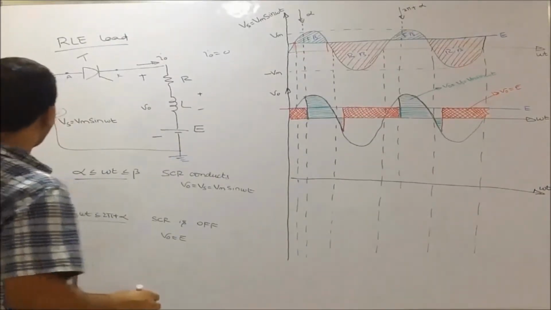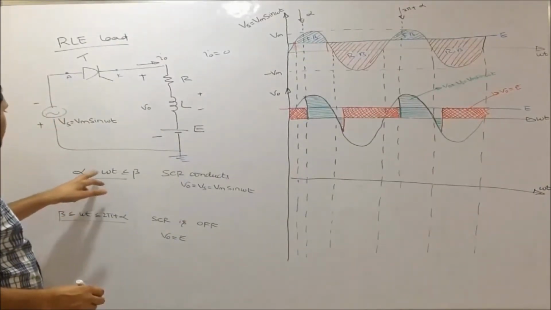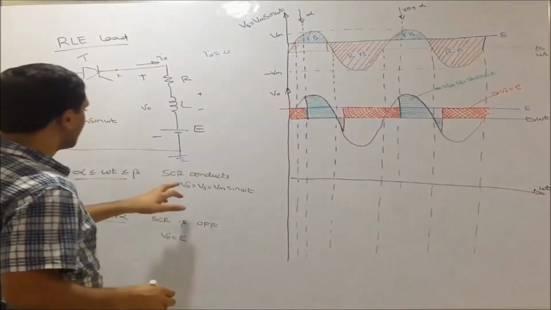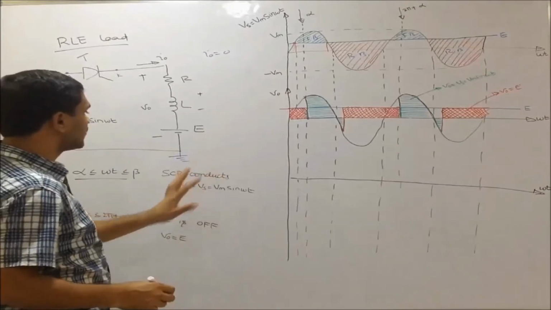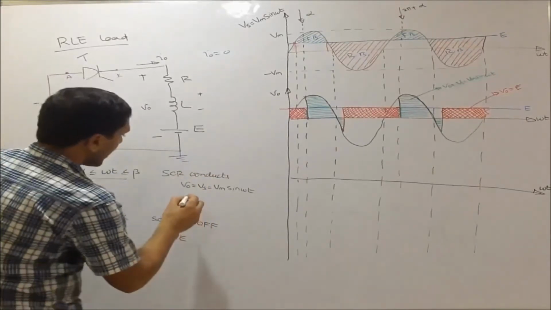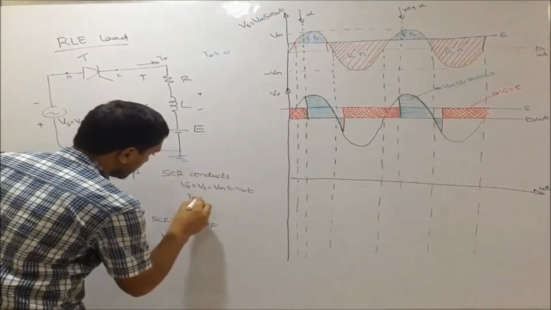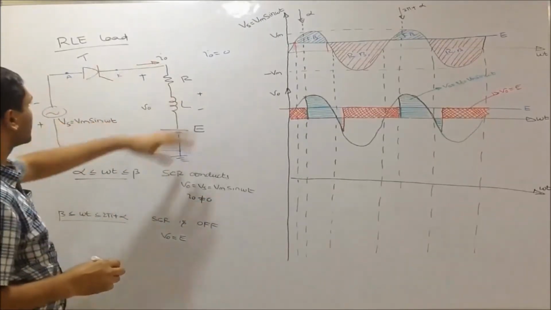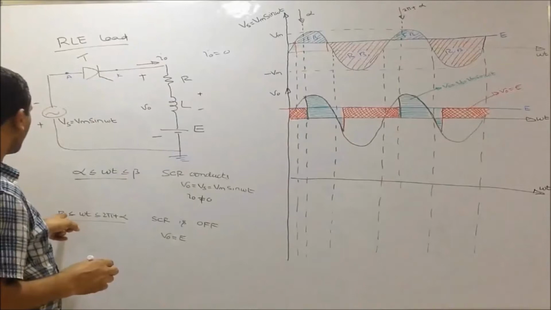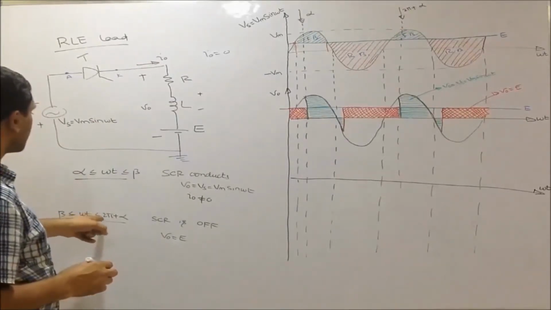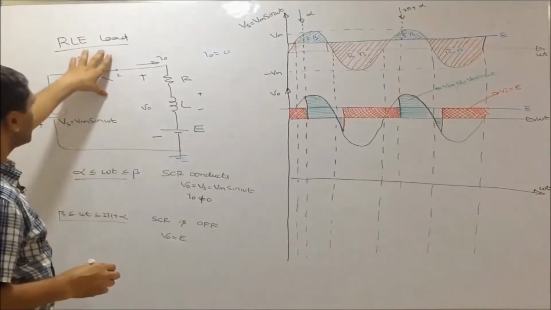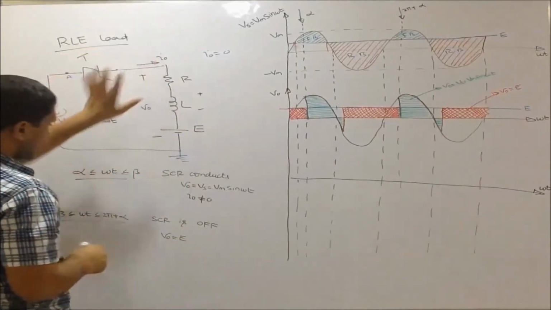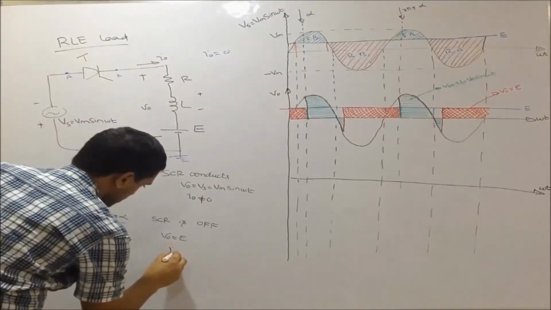Now, when alpha is less than or equal to omega t less than or equal to beta, SCR conducts and V naught equals Vs, that is Vm into sine omega t, and I naught is non-zero because the source is connected to the load. For beta less than or equal to omega t less than or equal to 2 pi plus alpha, SCR is off. Since it is a series circuit, when this is off, I naught becomes 0.